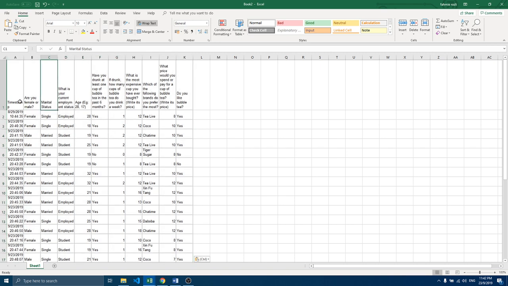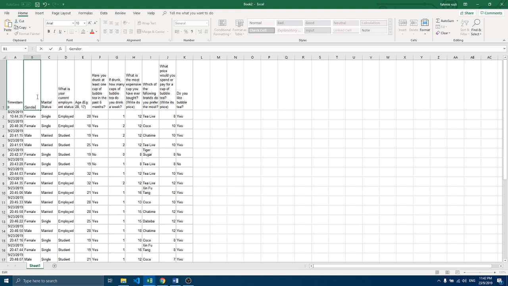Okay, so this is your data, or maybe it looks quite messy a bit, so you can organize your data in your Excel. For example, let's say, are you female or male? Instead of the question, you just rename it as gender.